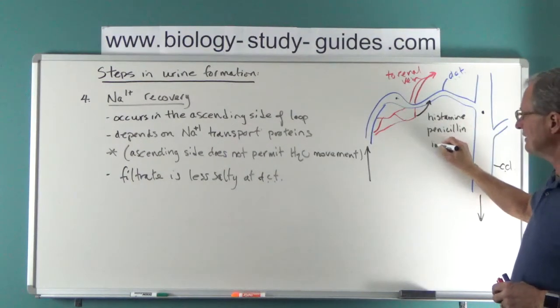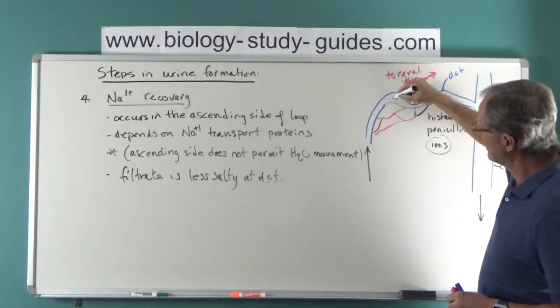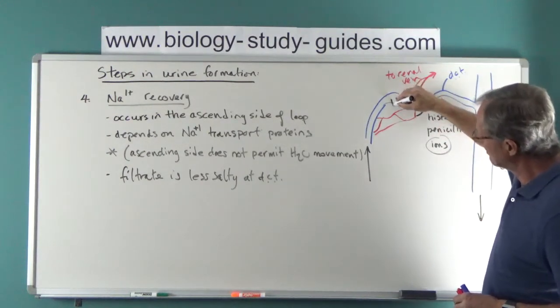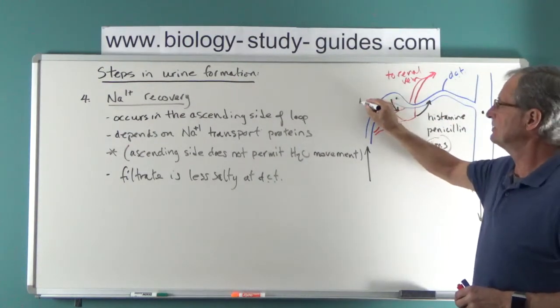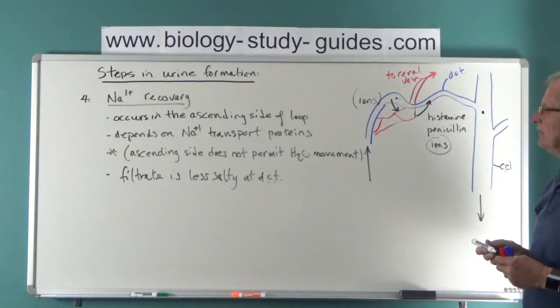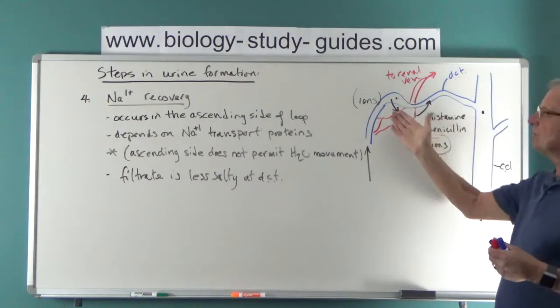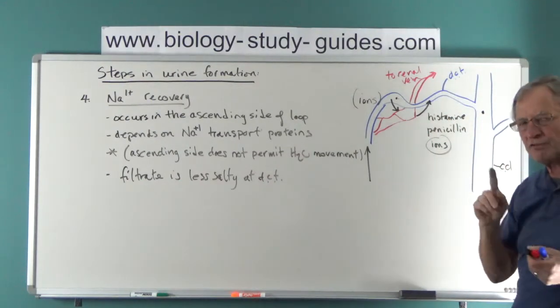We have ions, and I'll come back to the ions in a minute. And we have a movement from inside the tubule back into blood of primarily just ions, because we're trying to balance ion concentration. This brings me back to the point that I made at the very beginning of the first video in this series.